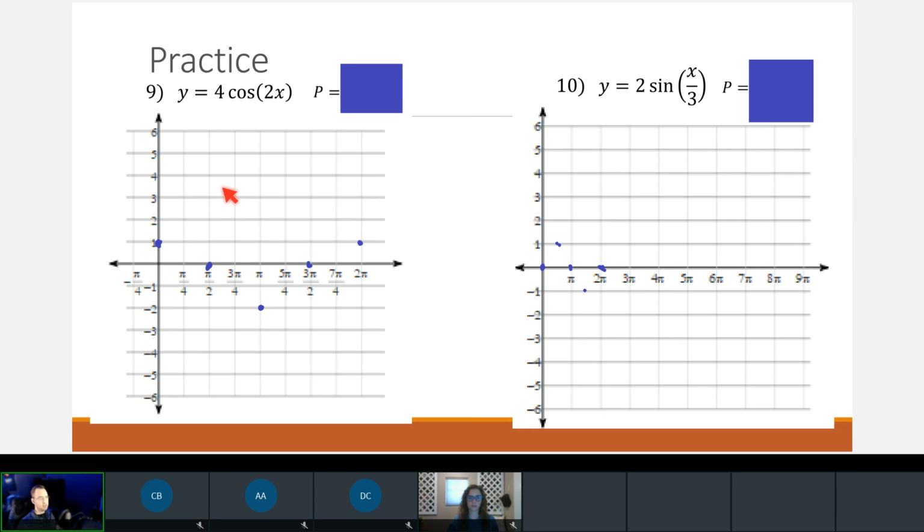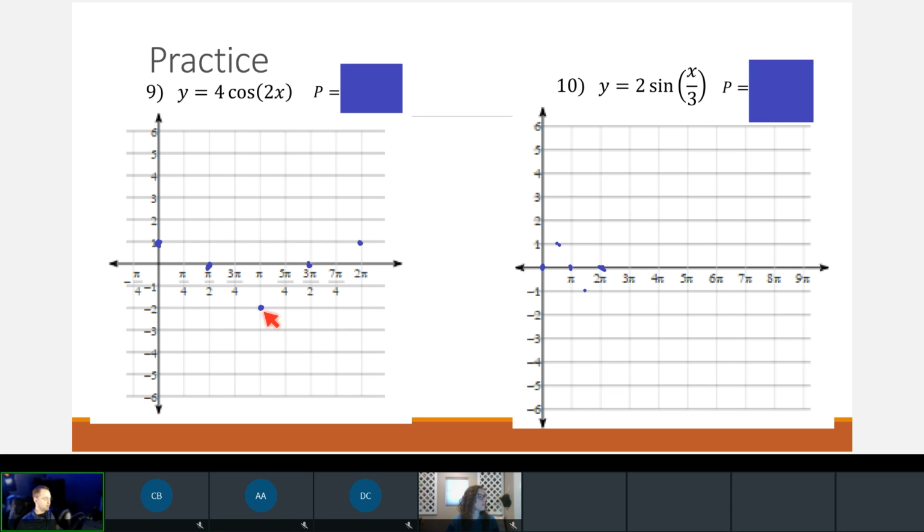All right, I went ahead and plotted the points. So for number 9, these points are for cosine. So y equals cosine of x. We start at 1, and it takes a distance of 2 pi to repeat. So I just plotted the same point from here to here. Halfway between, so at pi, if these are the maxes, that means the min is right between them.